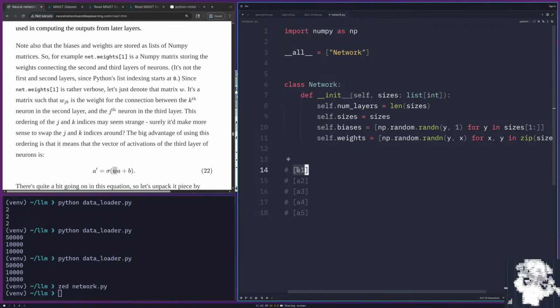So each of the sigmoid neurons is taking every output from the last layer.